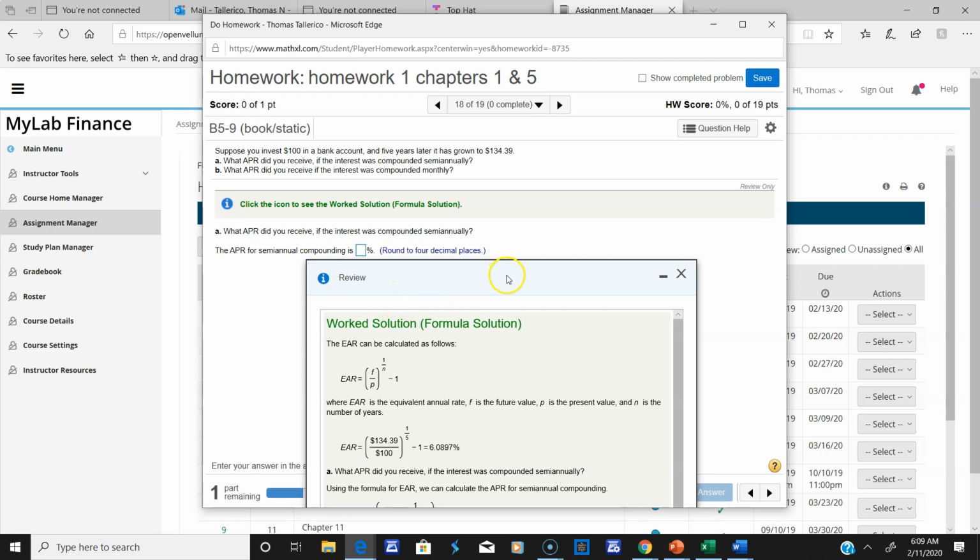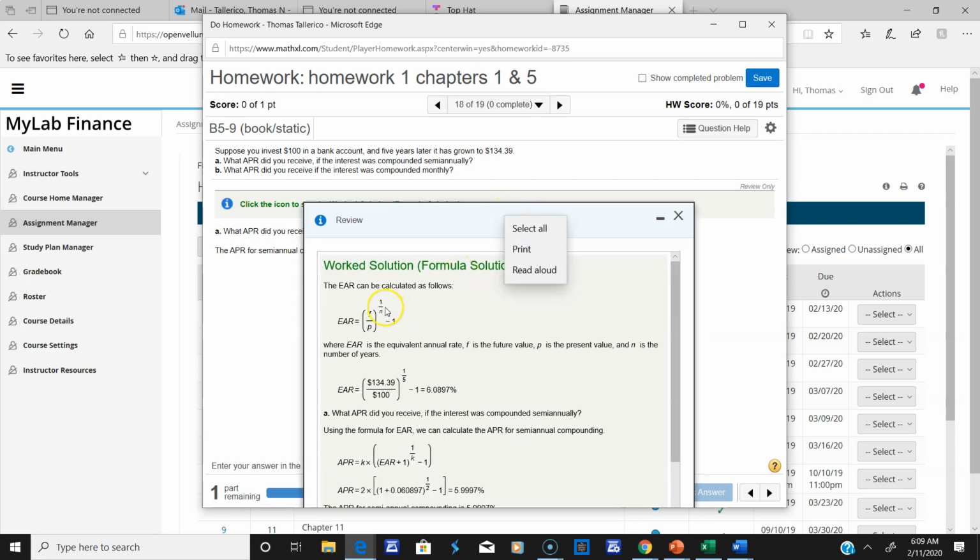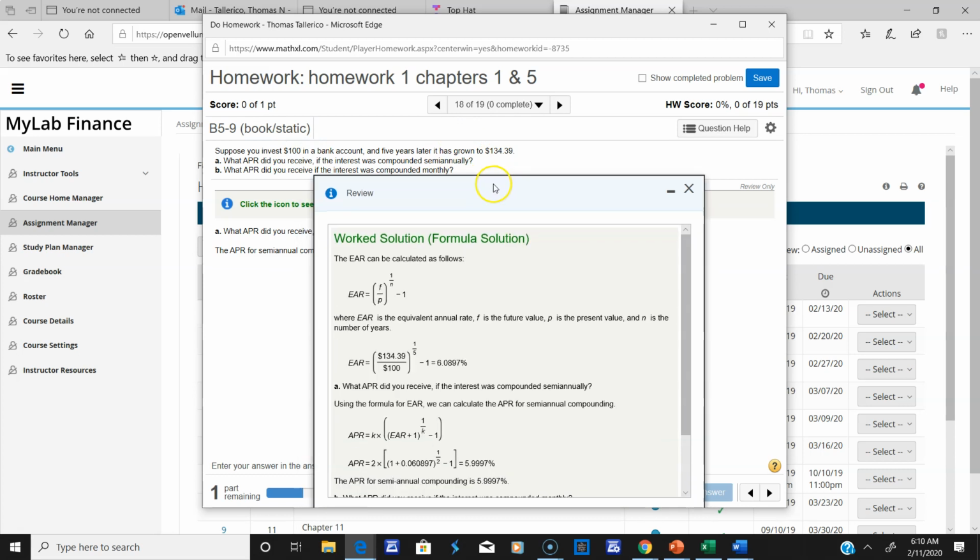All right, so we need to calculate the effective annual rate. And basically, we have a future value, right? We have the present value we invested, the $1,000, and then we have the future value. So we can actually use Excel for this, but basically we need the effective annual rate that we received first. So we get the effective annual rate by using the future and present value, which we haven't gone over much in class, but we'll go over that more.